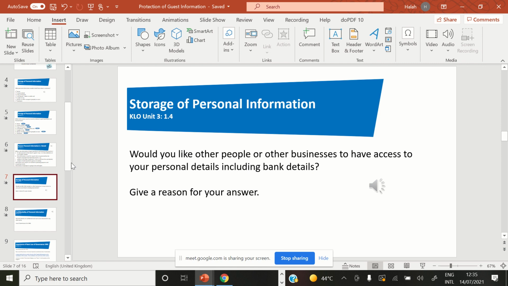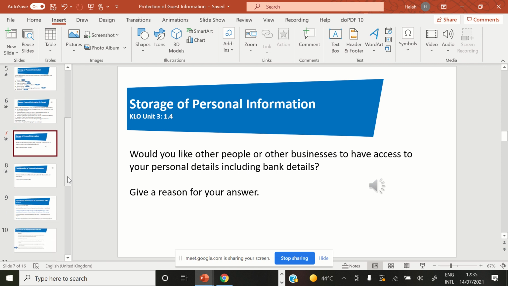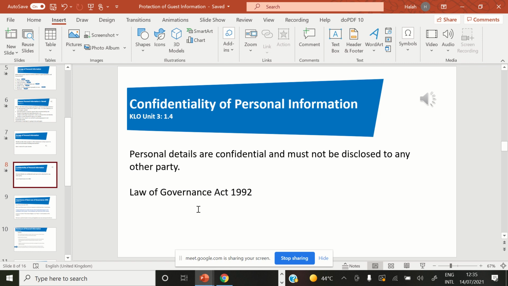Okay, so I think you do not mind having your passport copy or identity with other authorities or hotels. Actually, if you give your personal details to someone, they are supposed to be used in a professional way and kept confidential.